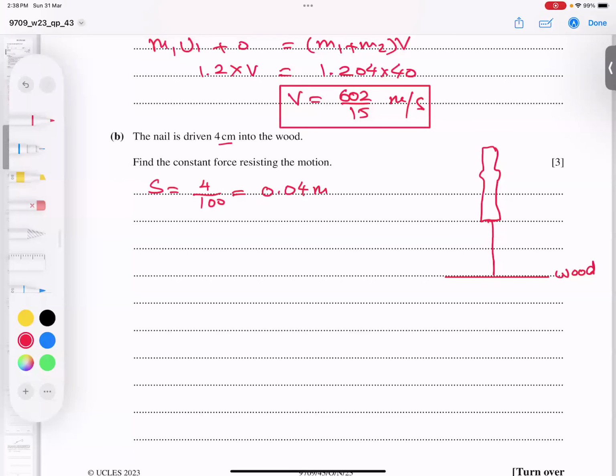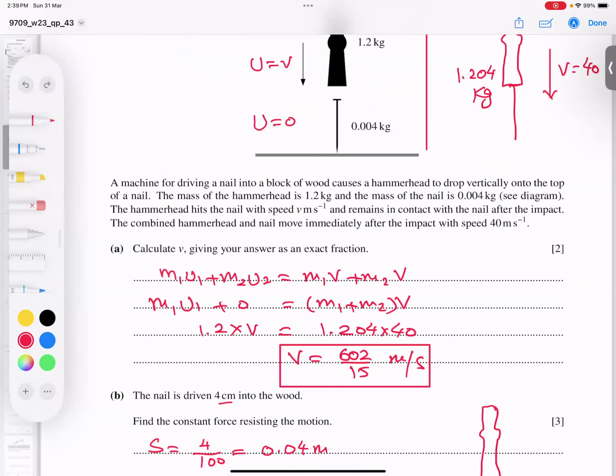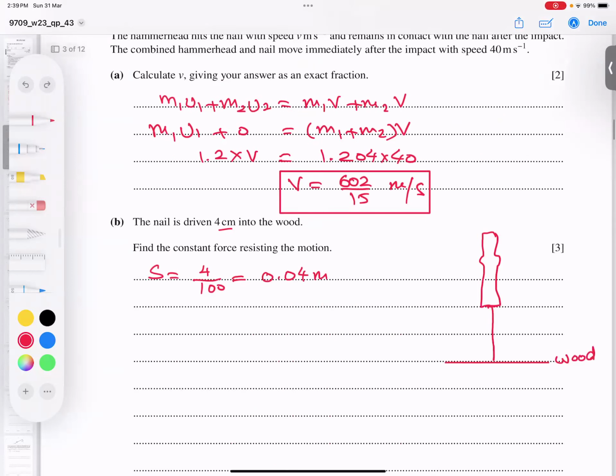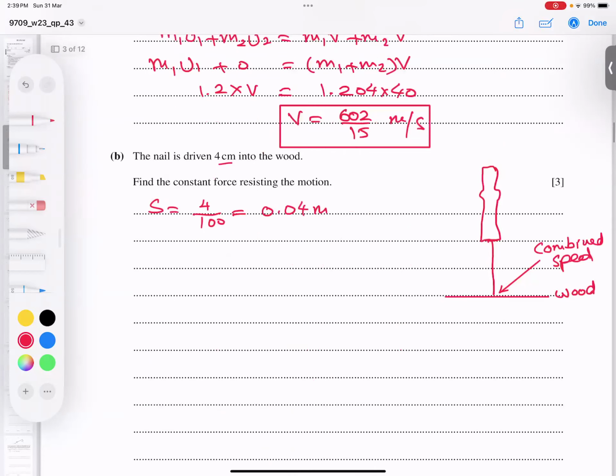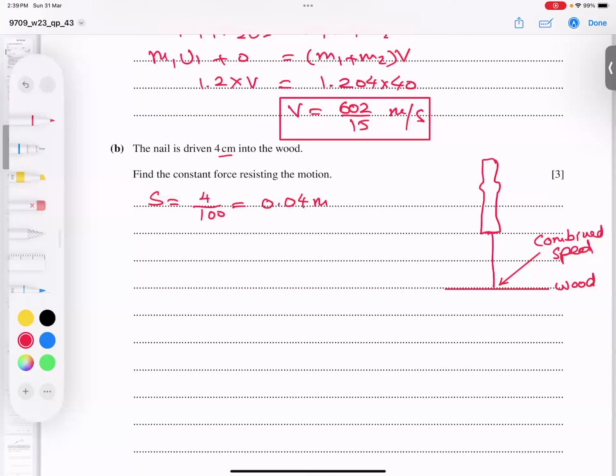When it enters the wood, the combined speed at that moment is 40. Then it will go inside. How much will it go inside?